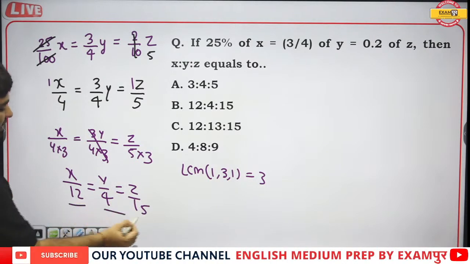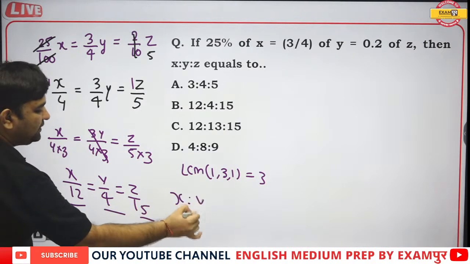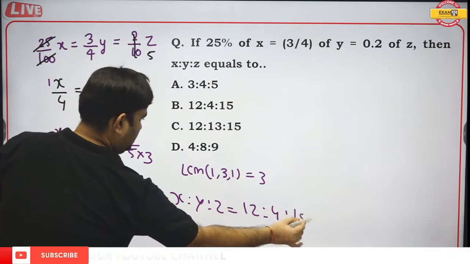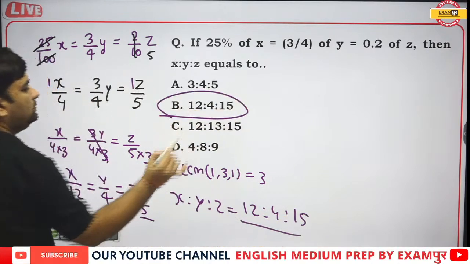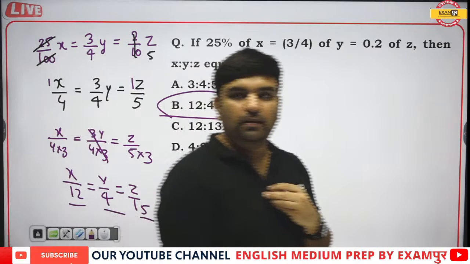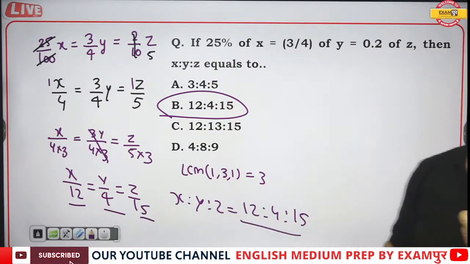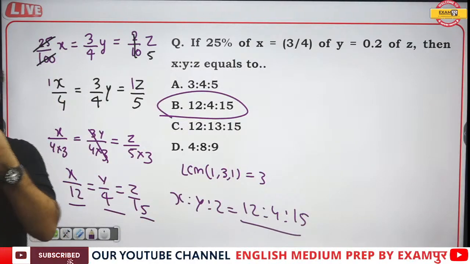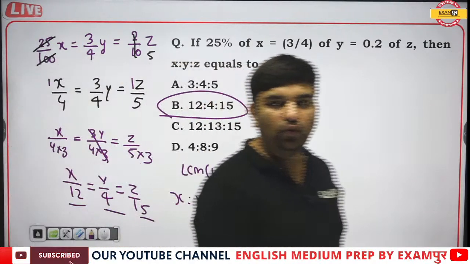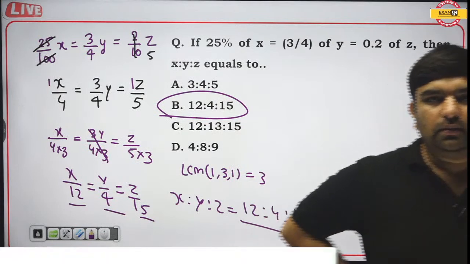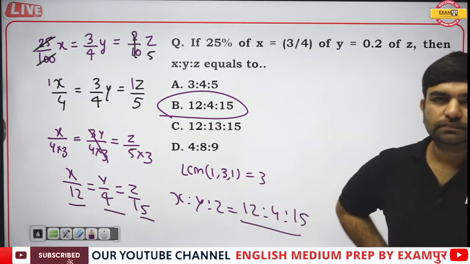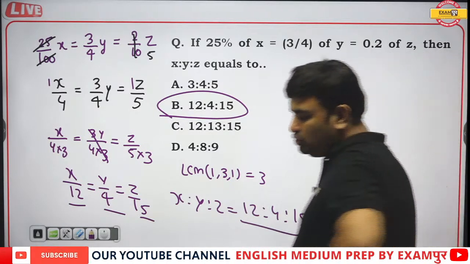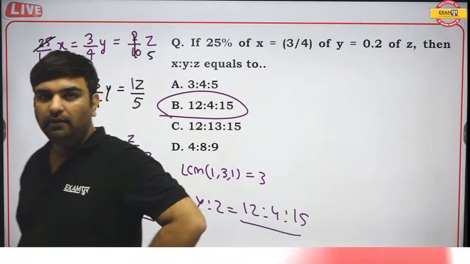So these are their direct values. So X, Y, Z are in the ratio 12, 4, 15.